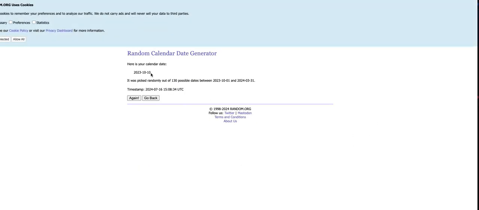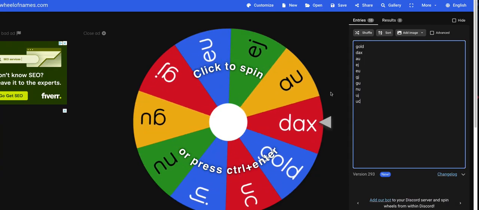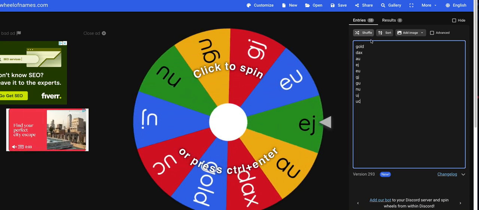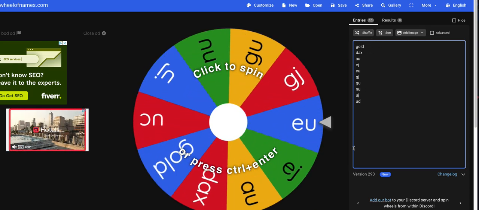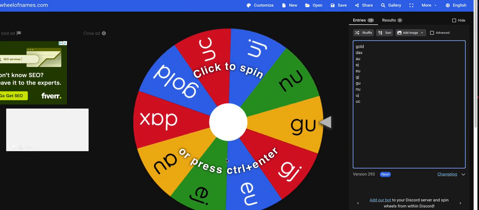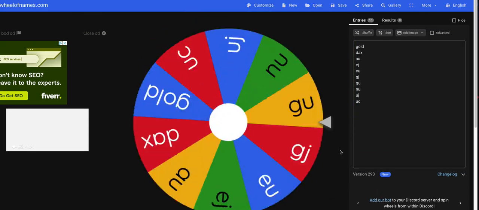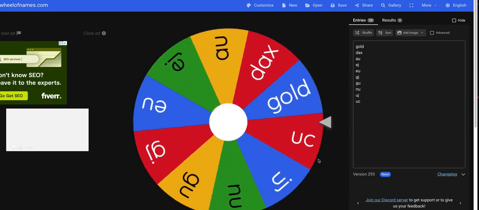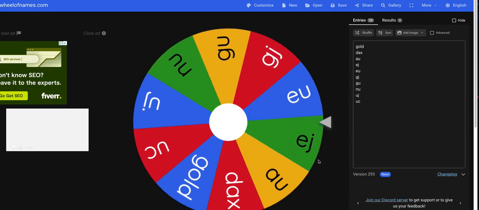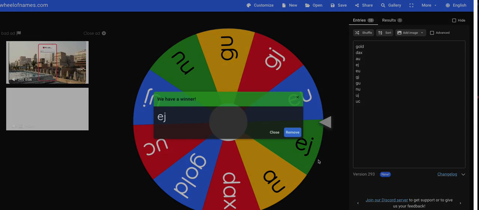So the random date we've got is October the 10th, 2023, and we've got these different pairs. We will do a random result for this, so we're not cheating. The pair we're going to look at is Euro Yen.